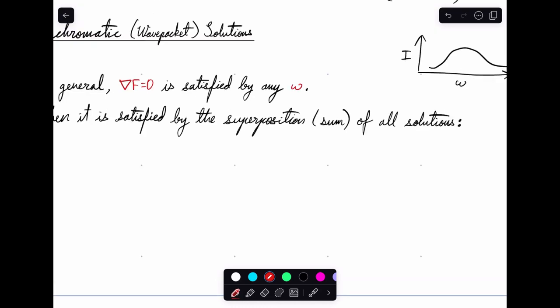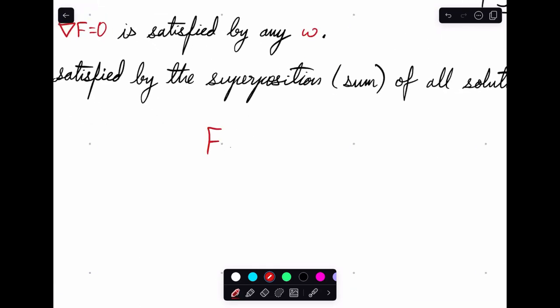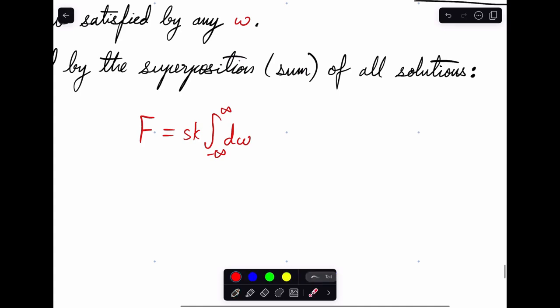So what this would look like is you'd have the field F equal to the integral from negative infinity to positive infinity, where you're going over omega. You're going to have S and K out here. They don't depend upon omega, so you can have them outside of the integral.